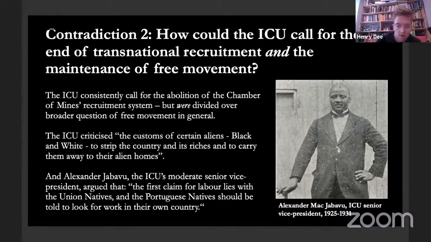At the same time, the ICU does criticize the customs of certain aliens to strip the country of its riches and carry them away to their alien homes. So I think there are these complicated debates which play out within the ICU. They're agreed on the abolition of the Chamber of Mines recruitment system, but at the same time they are divided about whether that also means that freedom of movement needs to be maintained or not.